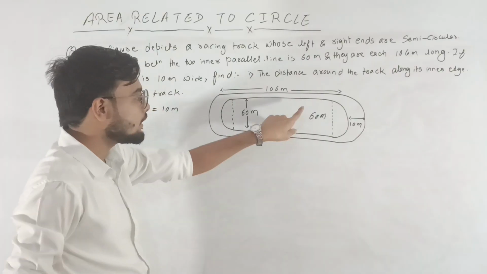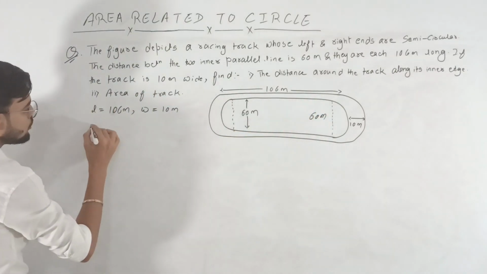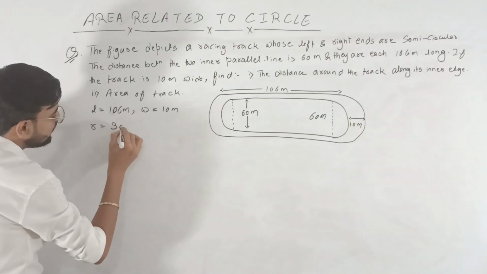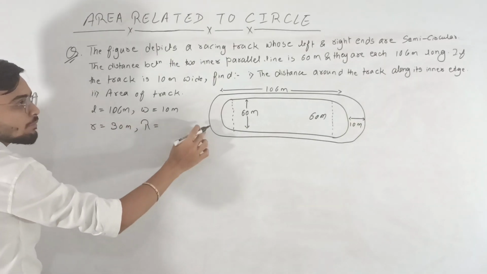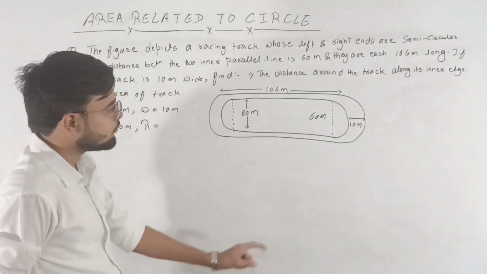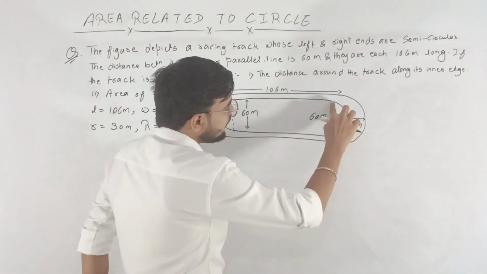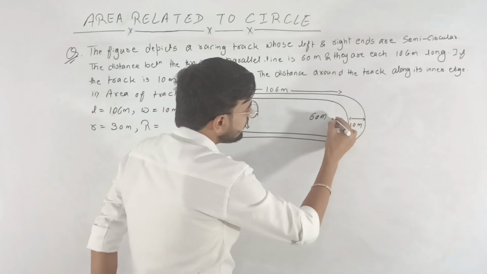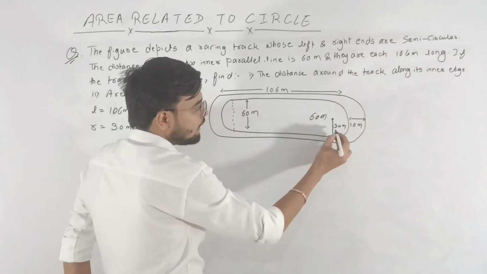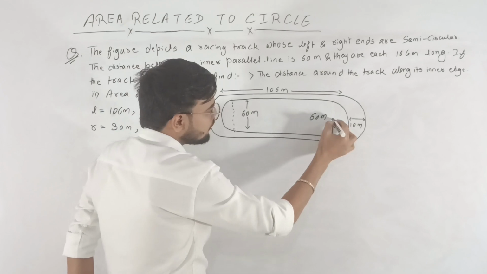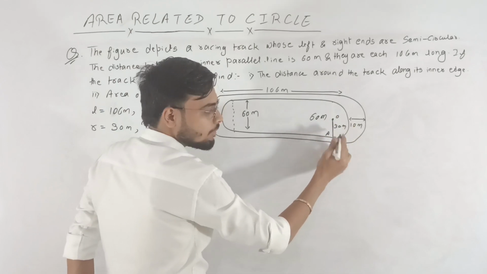Now I represent the radius of the smaller inner semicircle by small r. So small r is 30 meter. Now I represent the radius of the bigger outer semicircle by capital R. What is the radius of the outer semicircle? Suppose I write OA, this is 30 meter.